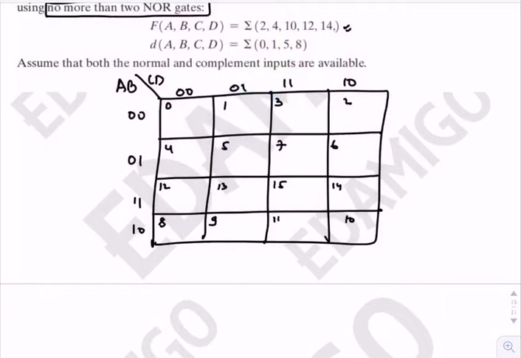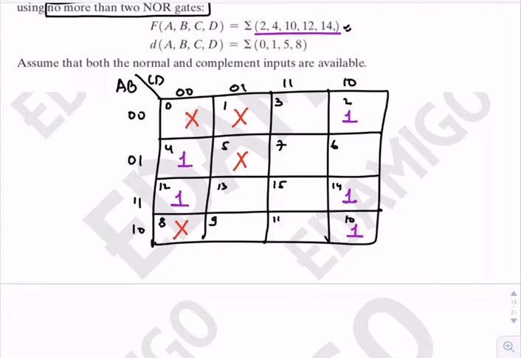Okay, so now let me first put the function F. So 2 is there, 4 is there, 10, 12, 14, and then there's the don't care condition also. 0 is don't care, 1 is don't care, 5 is don't care, and 8 is don't care.